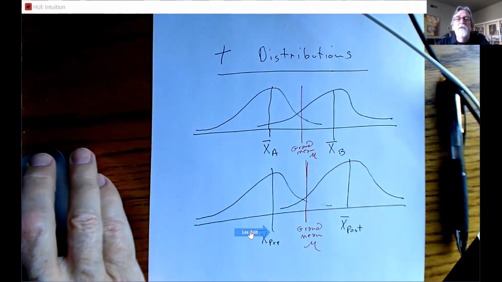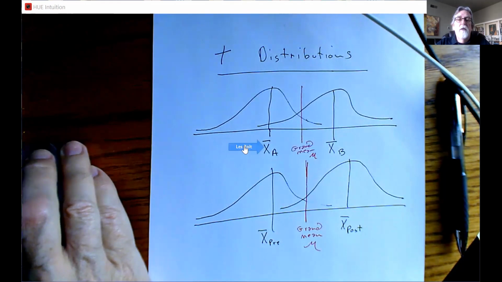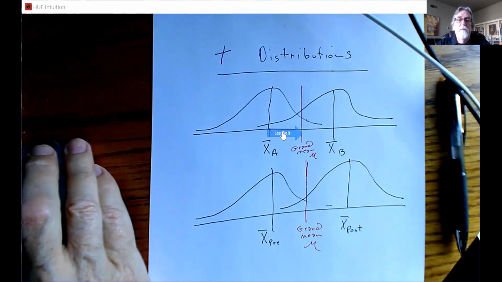If we just think about this distribution up here, instead of worrying about group B, we want to know whether the group A mean is significantly different from the grand mean. That's called a one sample test, because we're comparing one sample to a grand mean.